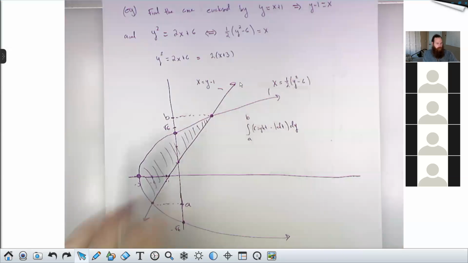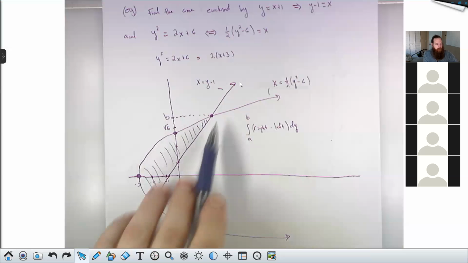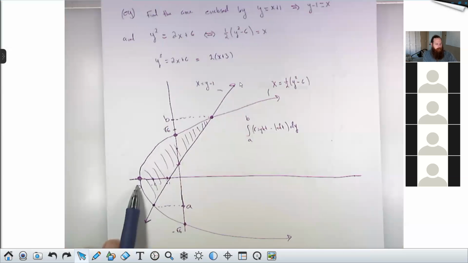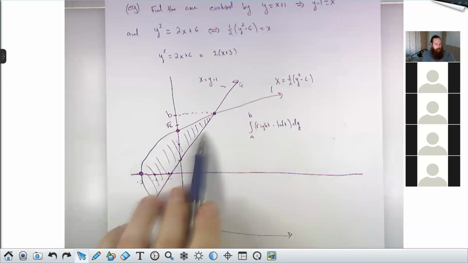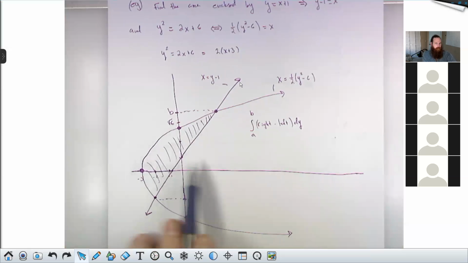So I draw the picture. I recognize that the only region that's enclosed by these, the only closed region that has a fixed finite area is this like bloopy region here. And everywhere in this bloopy region here, the parabola is to the left of that line. If I look at any particular y value, the parabola is always to the left of that line.